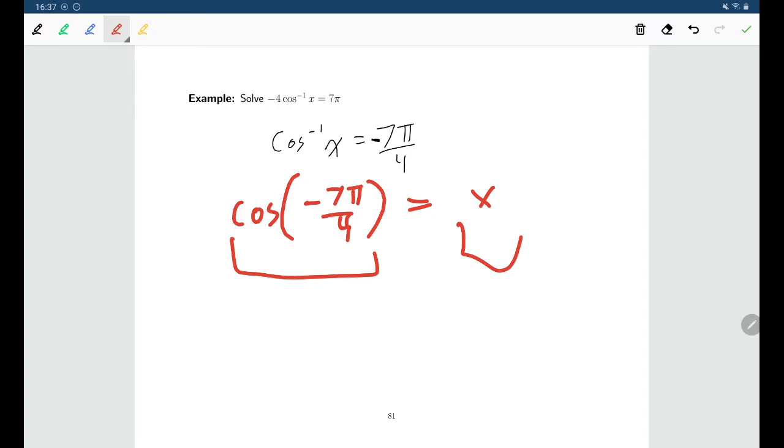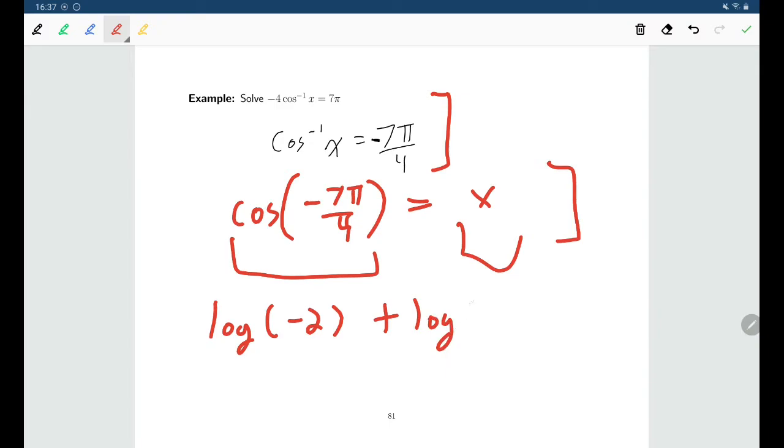Unfortunately, this is the problem, that although this equation does have a value for x to it, this equation does not. Just kind of in the same way how log of negative 2 and log of negative 3, they're both individually undefined, but if you were to combine them together to make log of 6, now it's something that's defined.